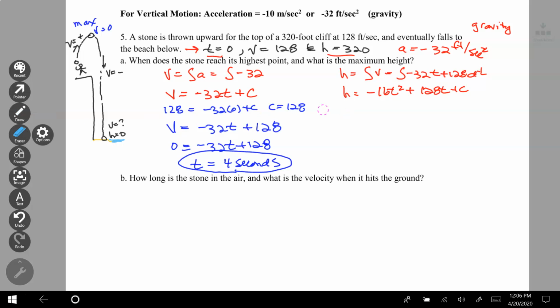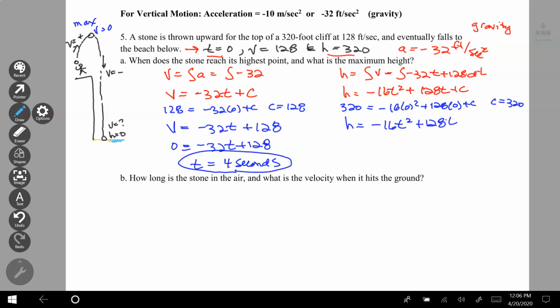Erase that. 320 is equal to negative 16 times 0 squared plus 128 times 0 plus c. So c is just 320. So my height equation is negative 16t squared plus 128t plus 320.